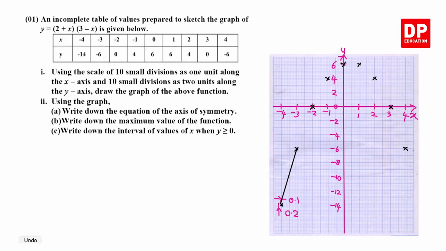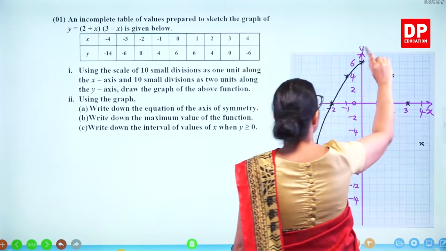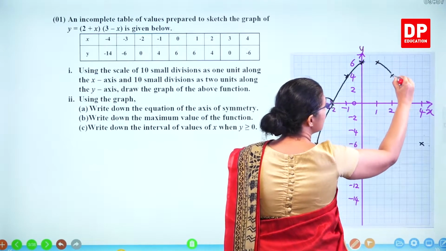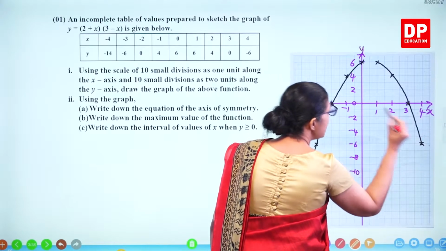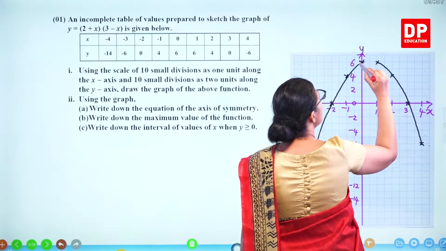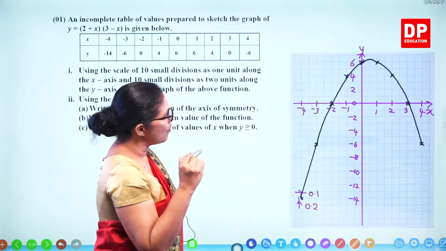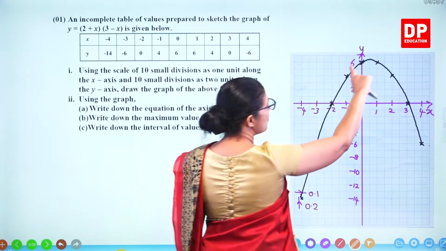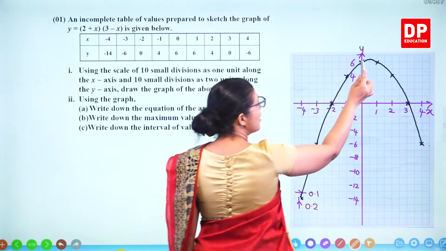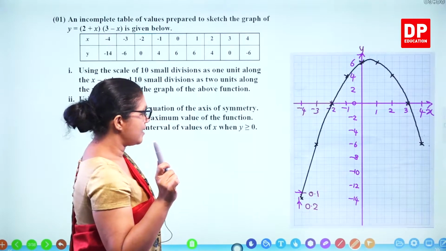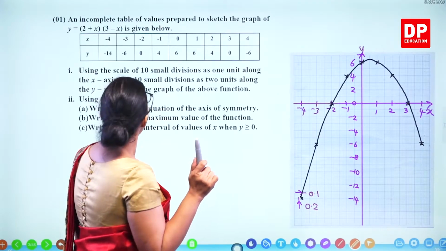Now, connect here to here. Smoothly connect. But here, after that, it's above. I'll mark this point. Now you can smoothly connect this one. This goes up and then down. So this is the smooth curve. So make sure that you don't connect with a horizontal line. So this is the graph of this.